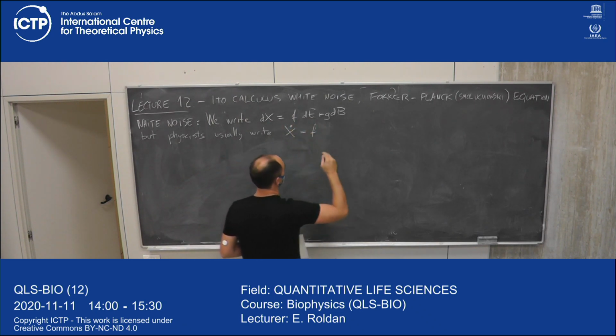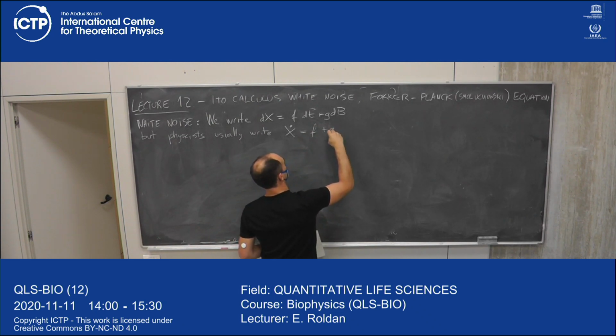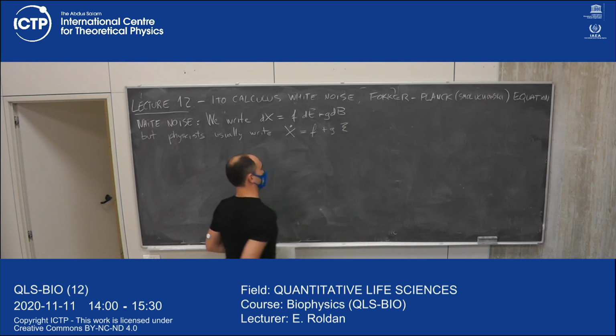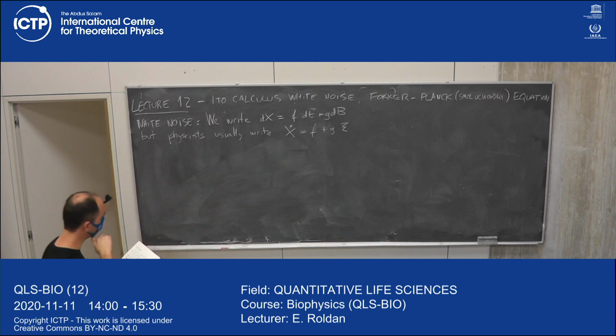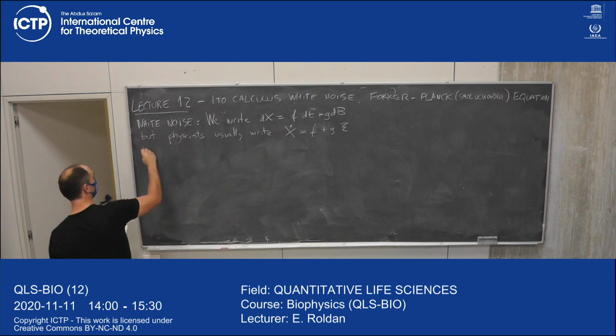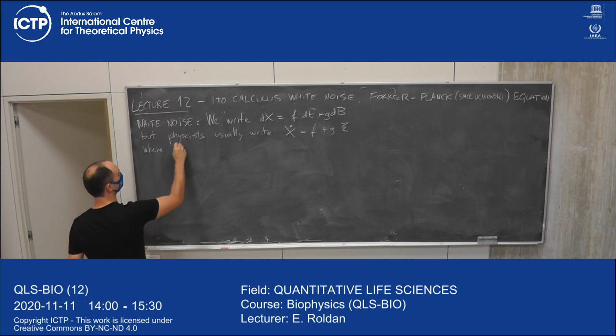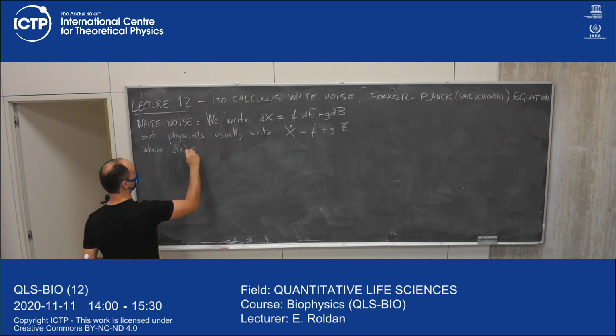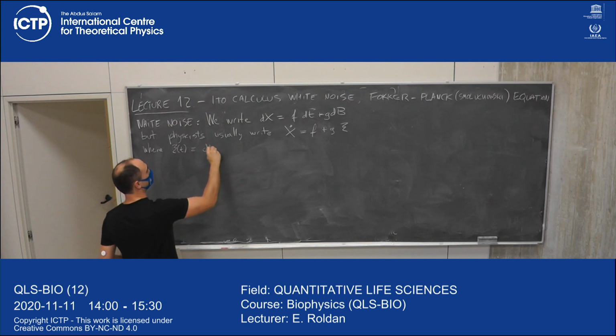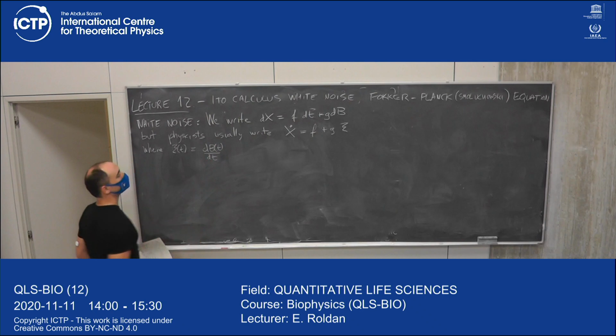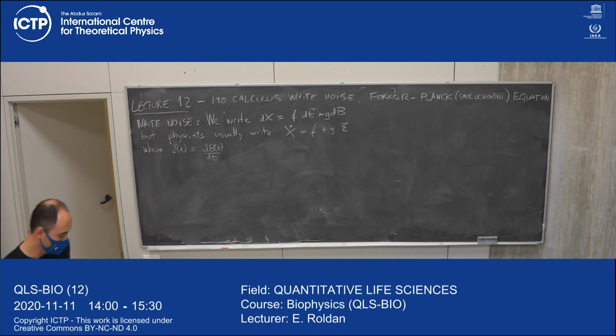And I also divide by dt because I'm also a physicist. So x dot equals f plus g xi(t), where xi(t) is defined as dB/dt, the derivative of B with respect to t.